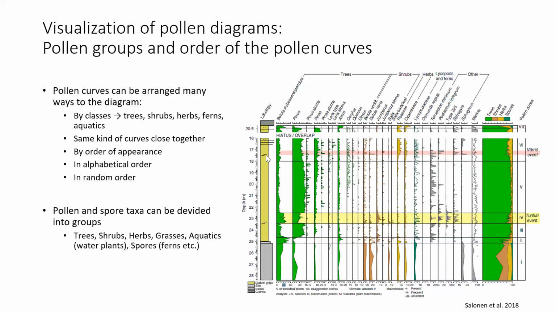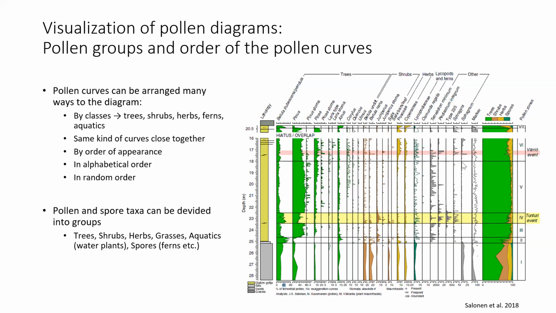There is also sometimes the habit of putting similar curves closer together, which could be trees and so on. But sometimes the pollen is presented in the order of appearance. So the taxa present in the first sample come first in the diagram, and then you can see the change from left to right, as the amount of pollen types increases when we go towards the younger samples.